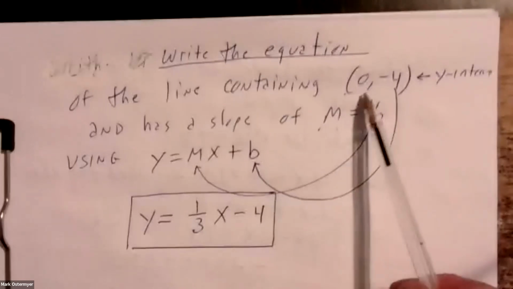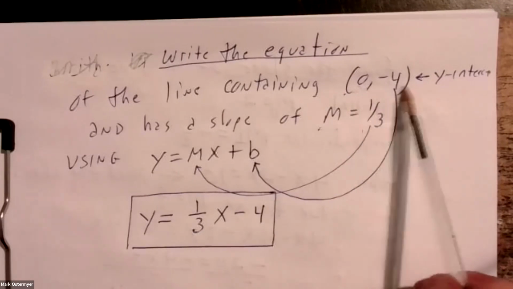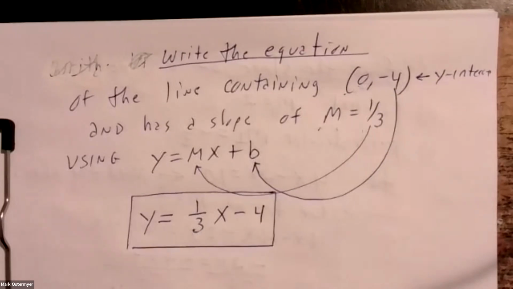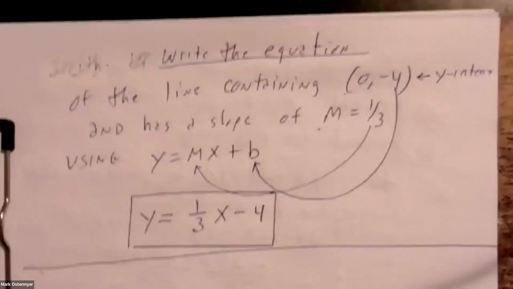Do you think we're always going to be given the y-intercept? No, we'll be given maybe some other point that's not the y-intercept. Maybe we should look at one like that. But does anybody understand how I wrote the equation of this line for this problem here?